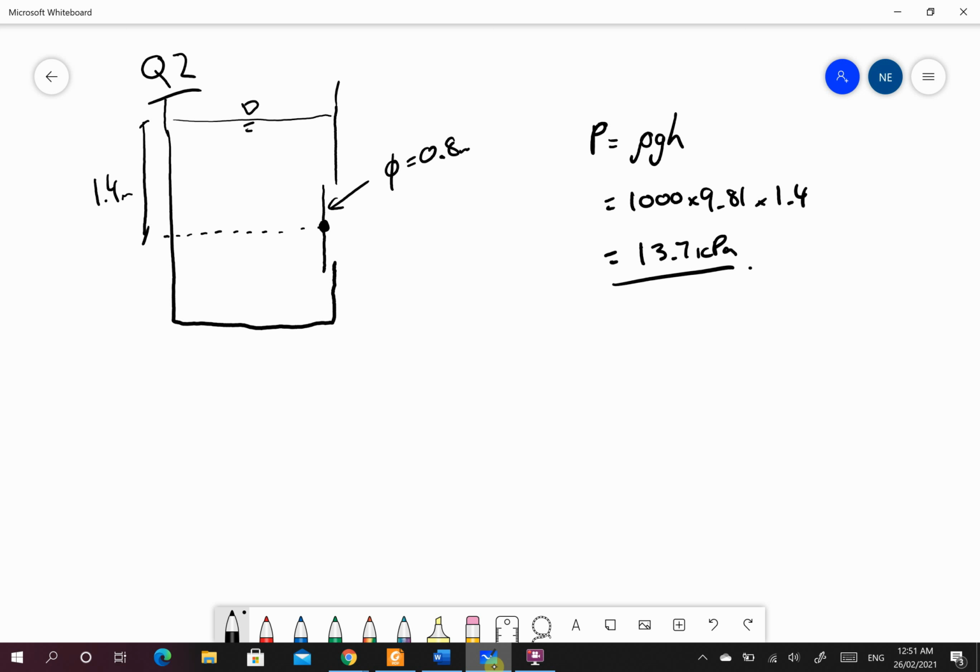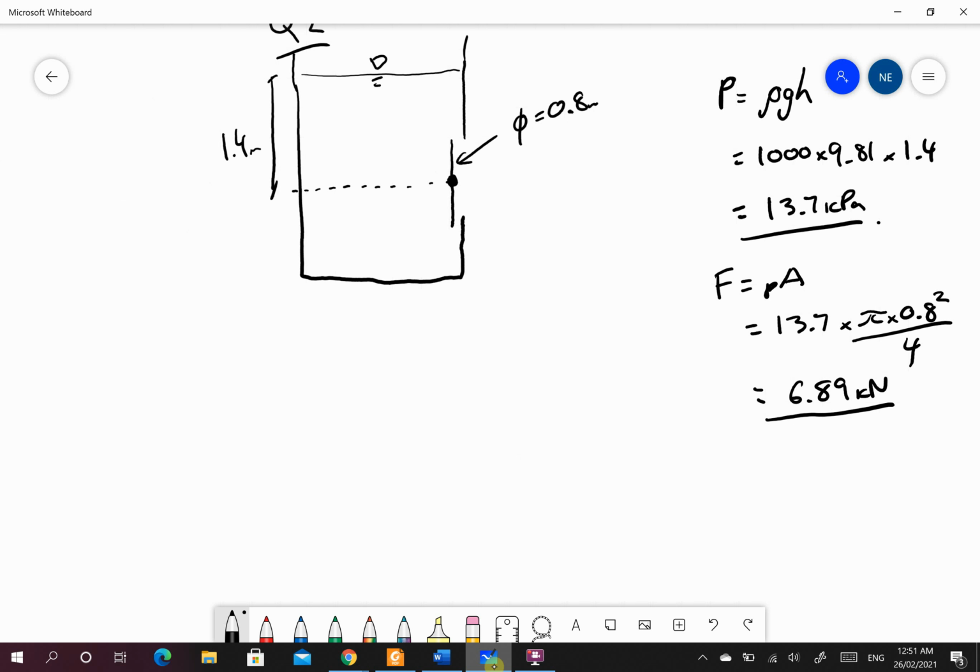Awesome. Now the force is equal to the pressure times area, times pi by 0.8 squared over 4, equals 6.89 kilonewtons. So this is the force acting here.